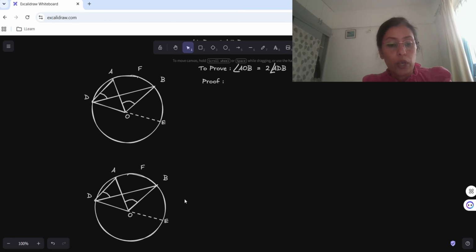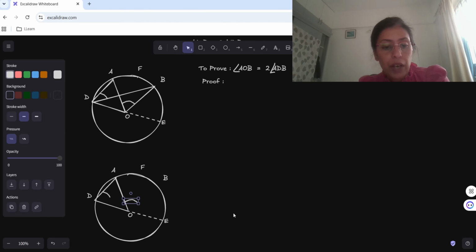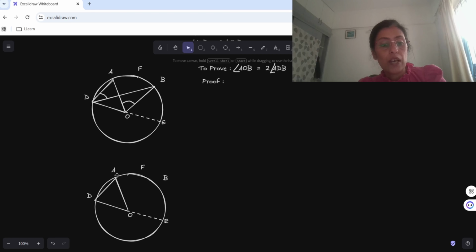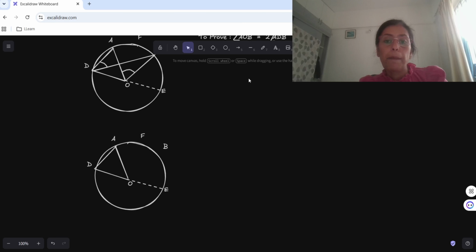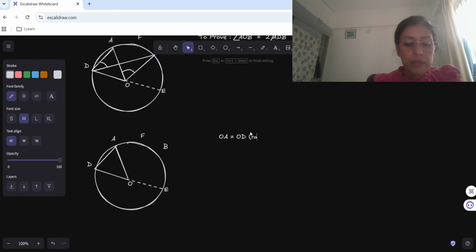So I'll just consider the triangle AOD or ADO. I will remove this, this, this, and this. So we have this triangle only. Now what I know about this triangle is that OA is equal to OD. Why is it equal? Both are radii of the circle.